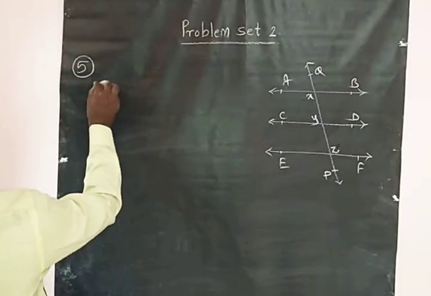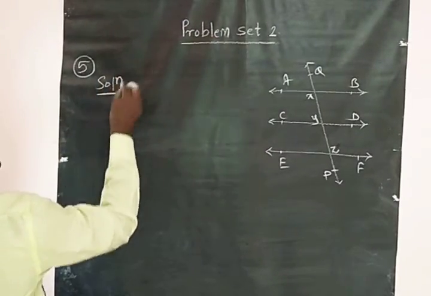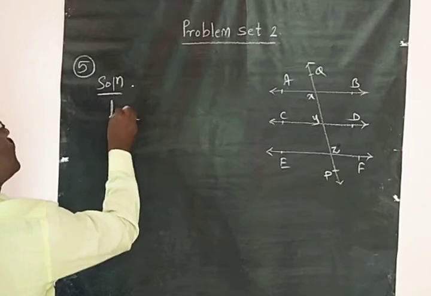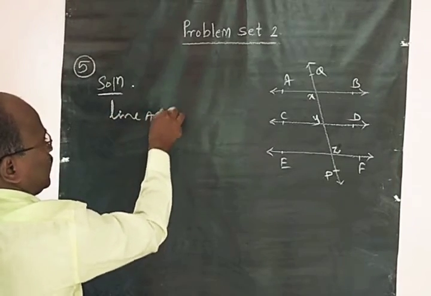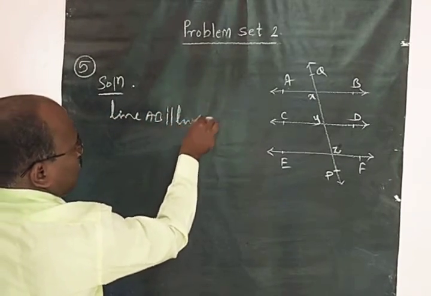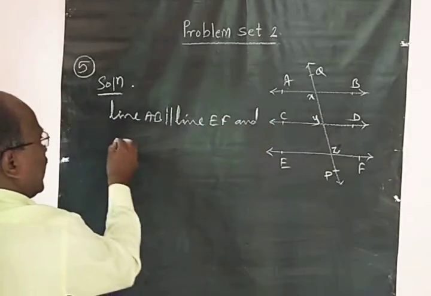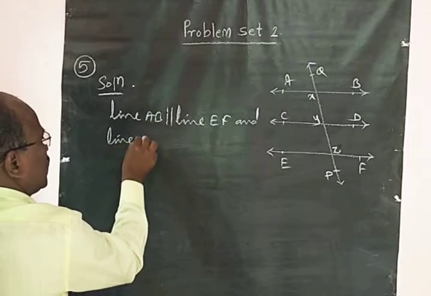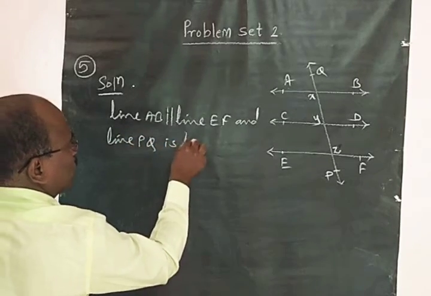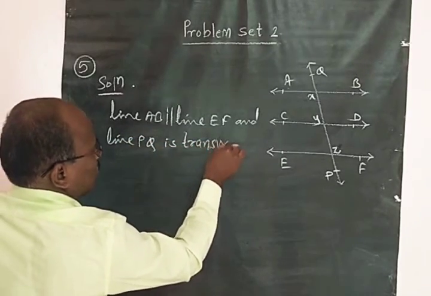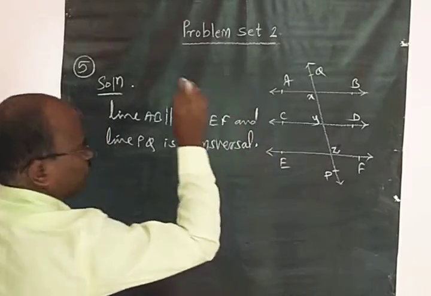So in the solution: line AB is parallel to line EF, and line PQ is a transversal.